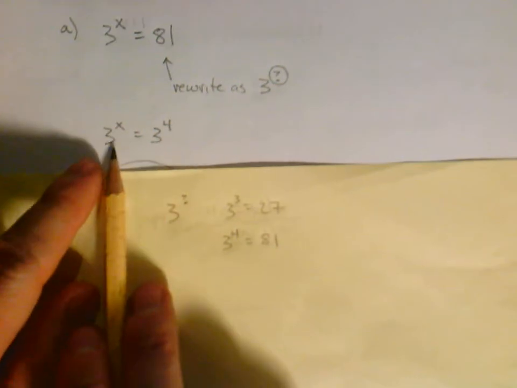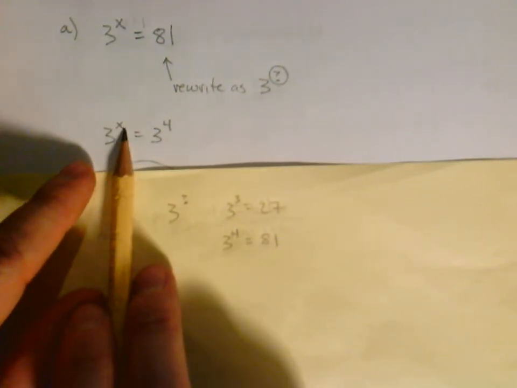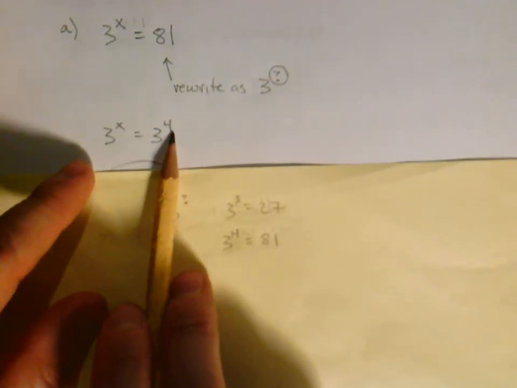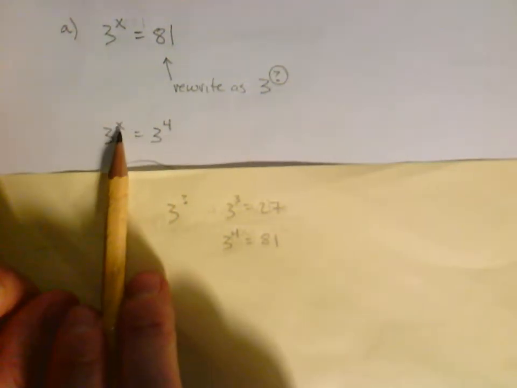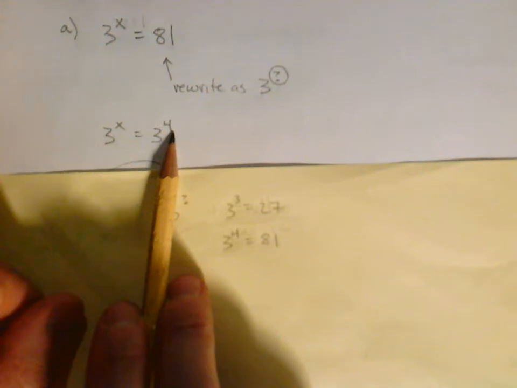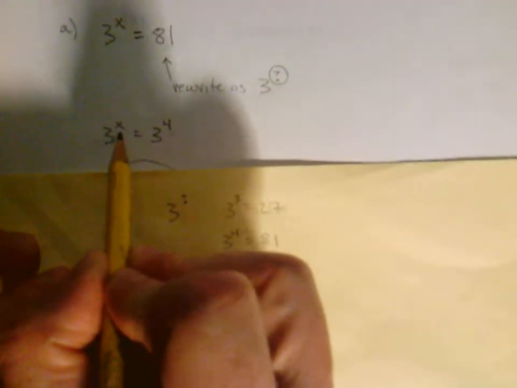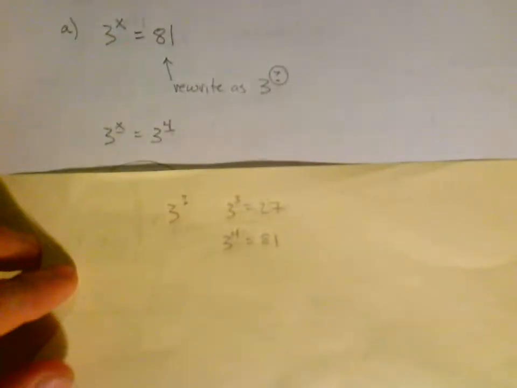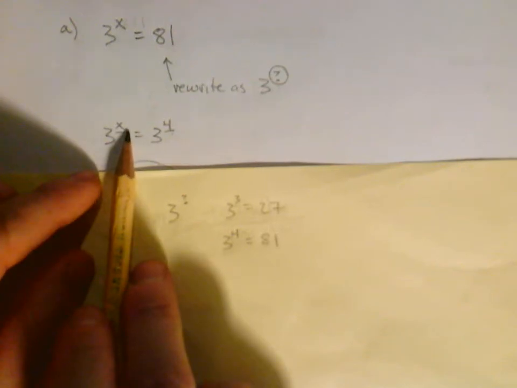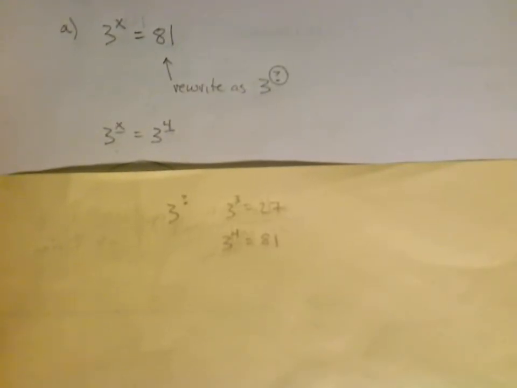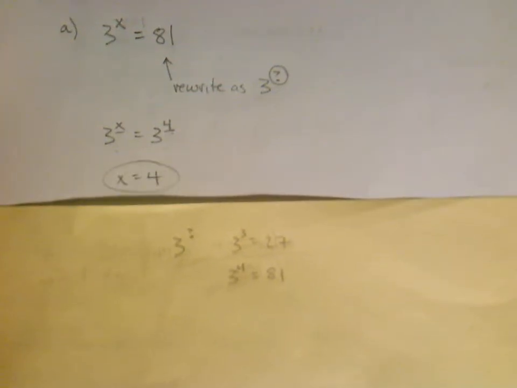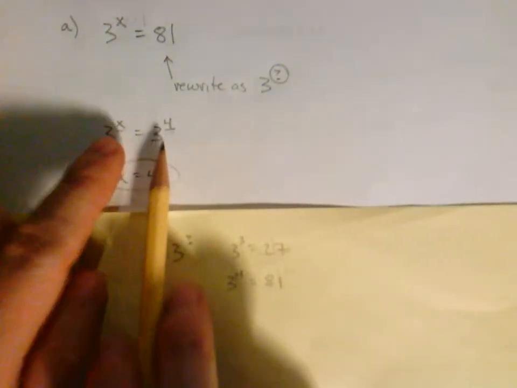Now if I look at this statement right here, 3 raised to the x equals 3 to the fourth, don't these exponents have to equal one another? Doesn't x have to equal whatever number is over here? If I just compare the two sides, 3 raised to something, 3 raised to something, those somethings have to be the same, wouldn't they? Logically, right? So I can conclude, okay, x must equal 4.